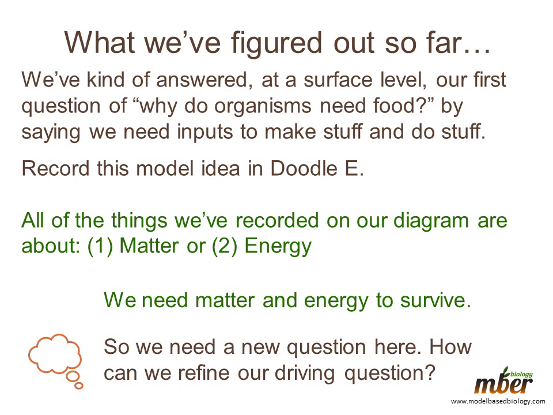Using the first word how is a great way to ask a question. So we need matter and energy to survive. Can you use that phrase and incorporate the word how into it? Go ahead and put me on pause while you figure it out.